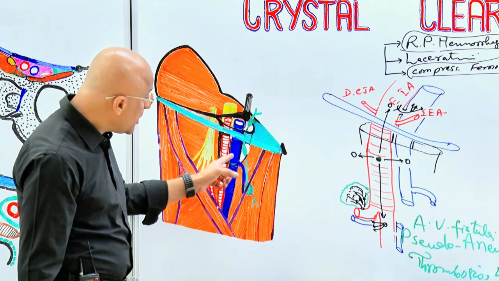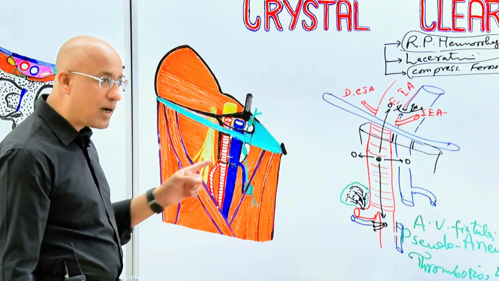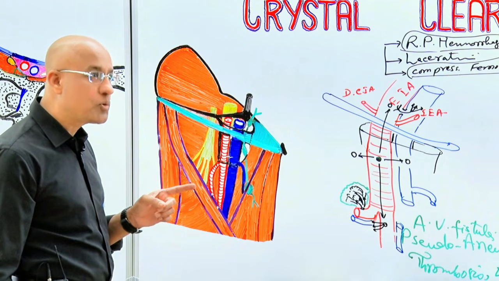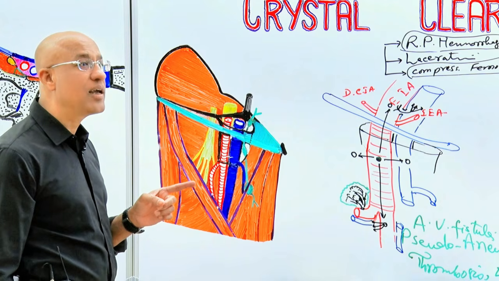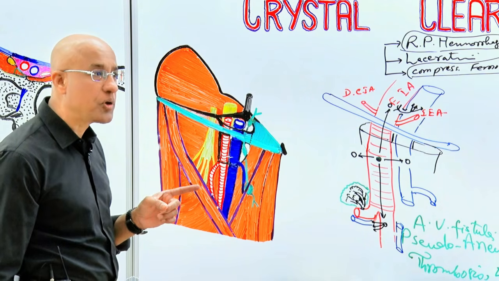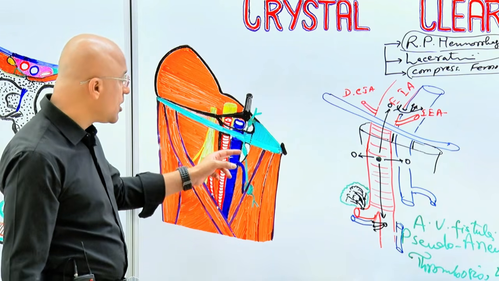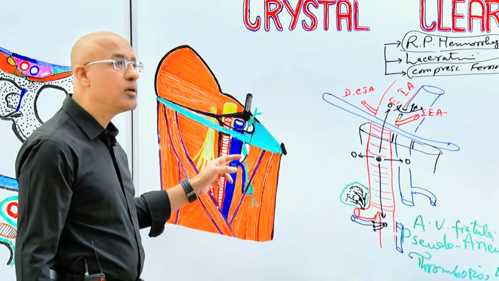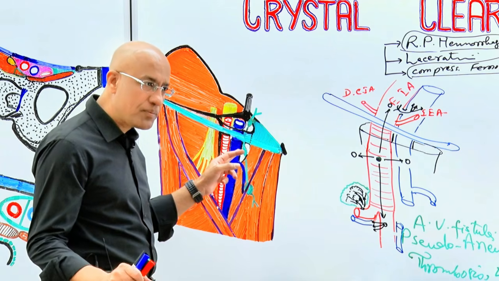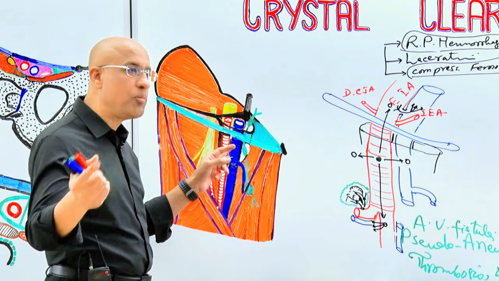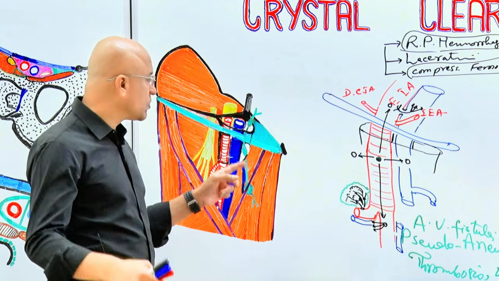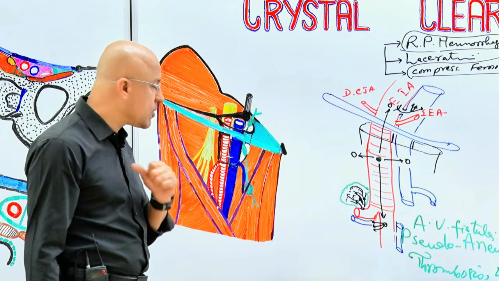But if you have gone to the vein, you have withdrawn venous blood, which will look darker, and you might think it is dark because of severe hypoxia or cardiac failure or some other reason, but actually your whole report will be messed up because you have sent the wrong sample to the laboratory. So venous cannulation is one problem.